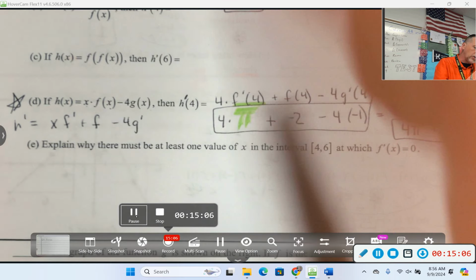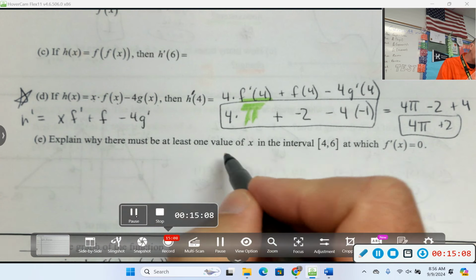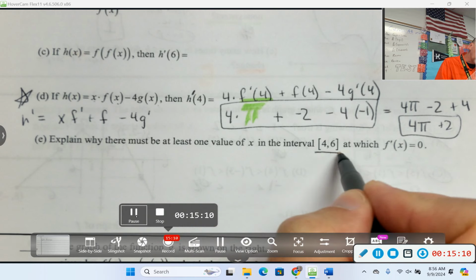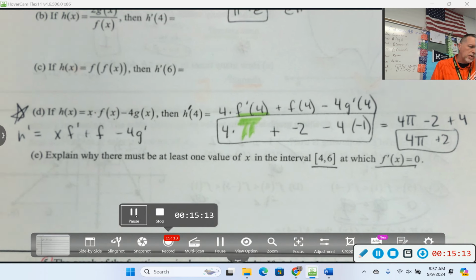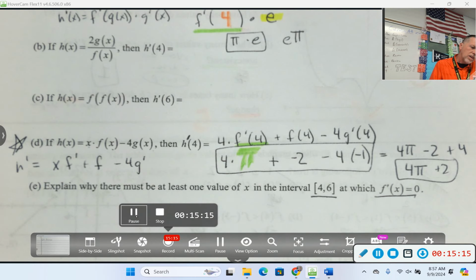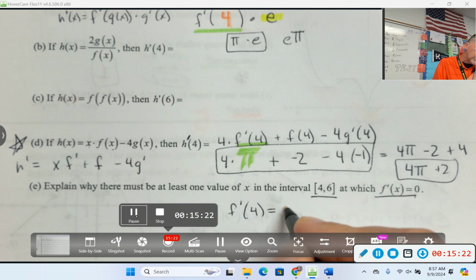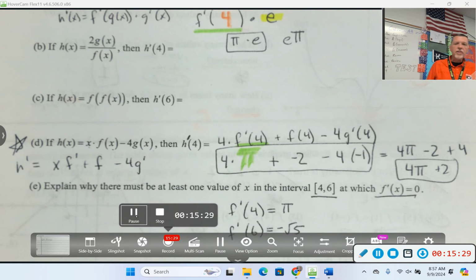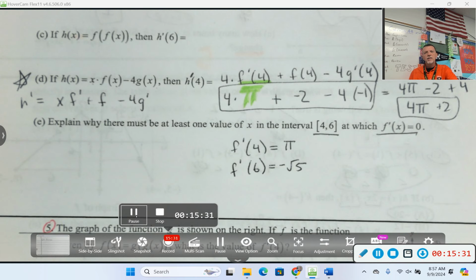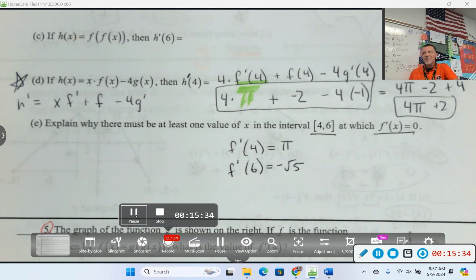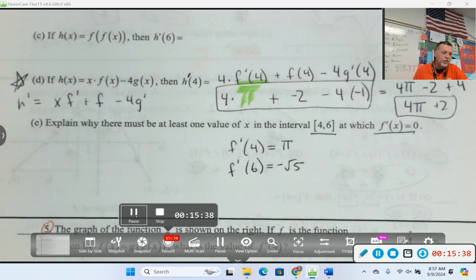Let's talk about E real quick. Explain why there must be at least one value of x between 4 and 6 where f prime is 0. Well, f prime of 4 is pi, and f prime of 6 is negative square root of 5. Do you remember what the name of this thing is? IVT, intermediate value theorem.